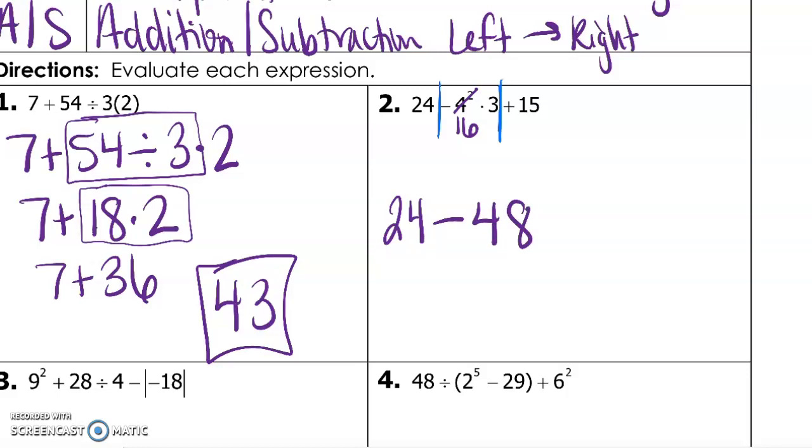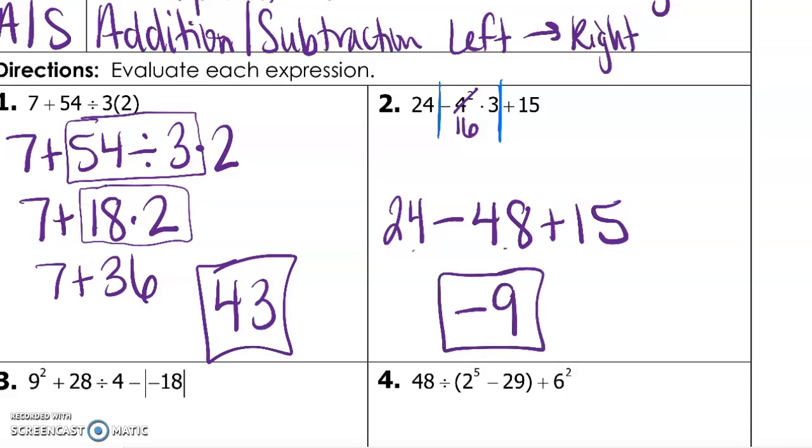So I just did all of that without showing much work. And then I have plus 15 as my third part. Once it's all in as one big line with addition and subtraction, you just go straight across. That should give us negative 9. If you want to do this minus this to get negative 24 and then add 15 to do that, you can, but you really can just go straight across to get your negative 9.